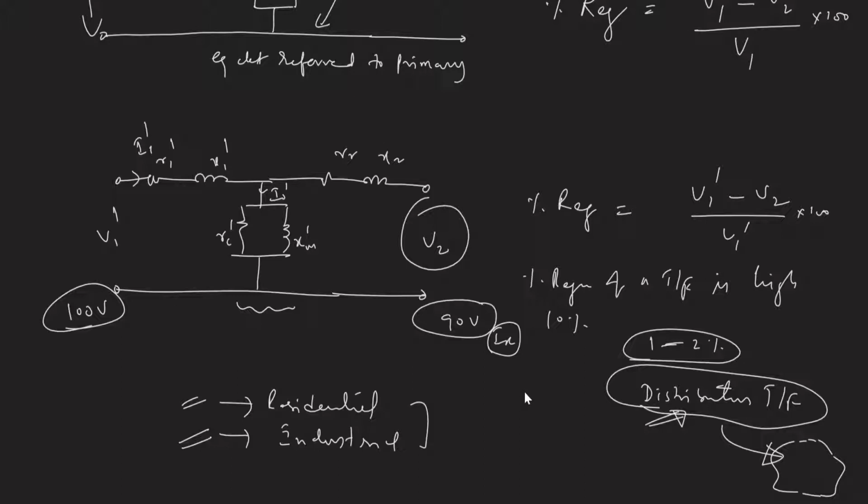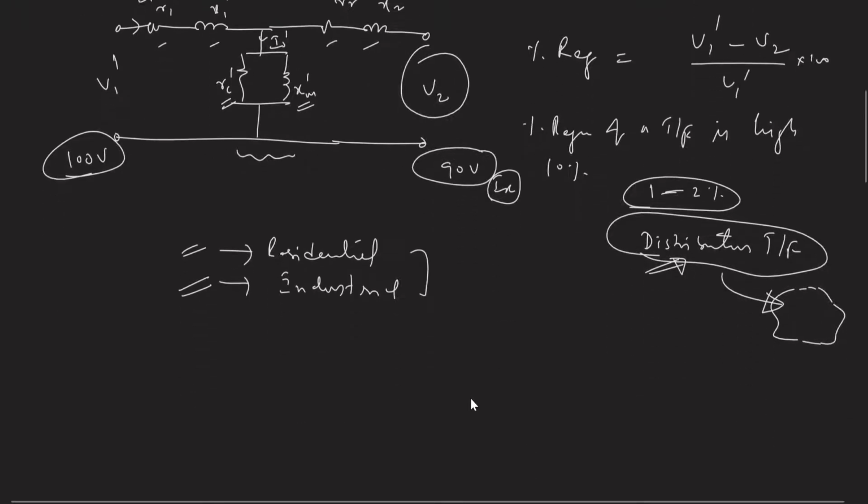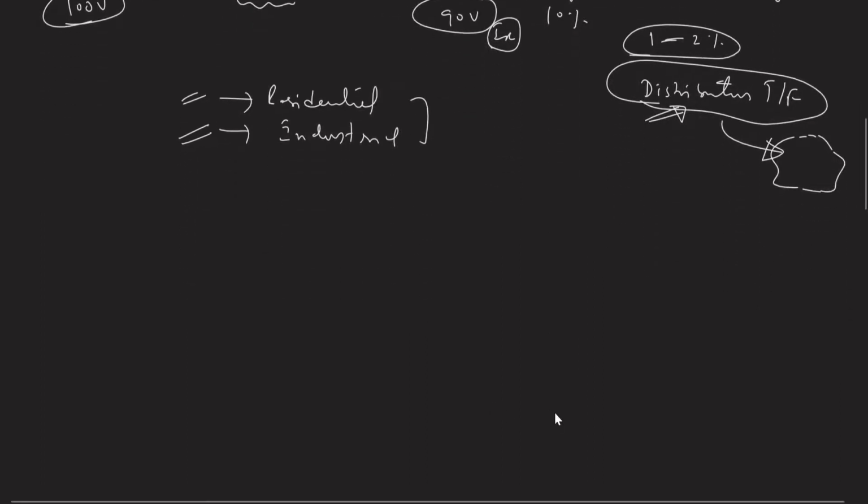Now if I know all the circuit parameters, primary side impedance values and secondary side impedance values, and shunt branch resistance and magnetizing reactance XM, if I know all the circuit parameters of a transformer, right, now I can straightforwardly calculate the regulation by drawing the phasor diagram, right?